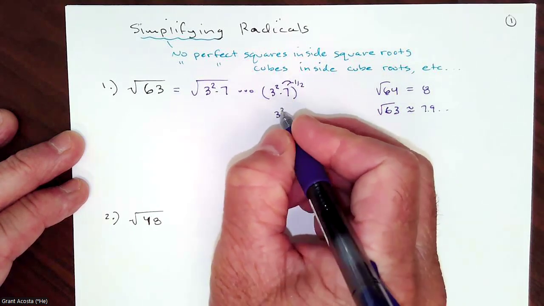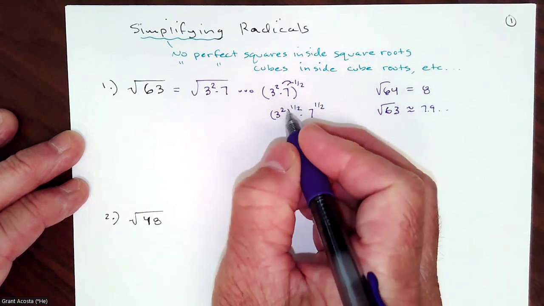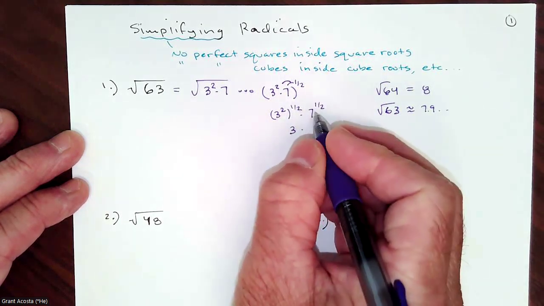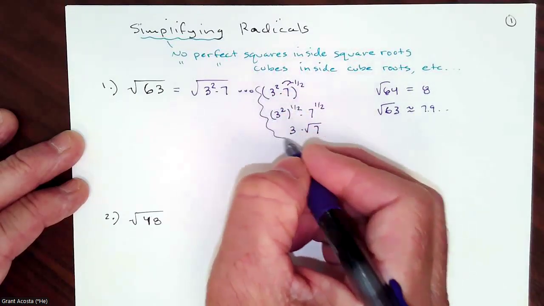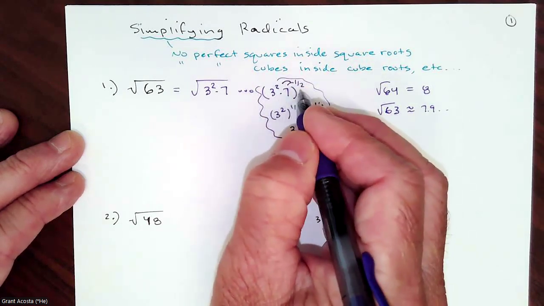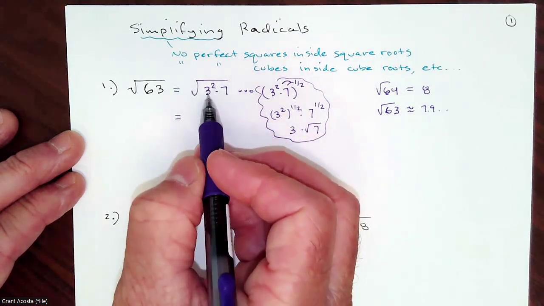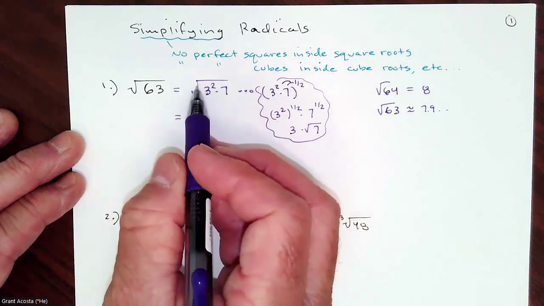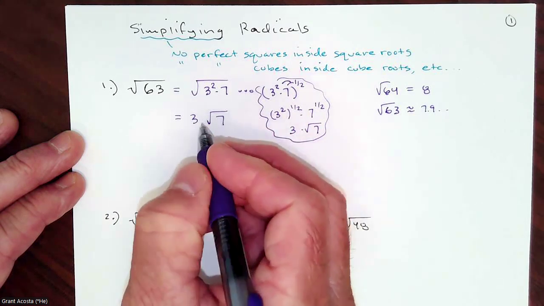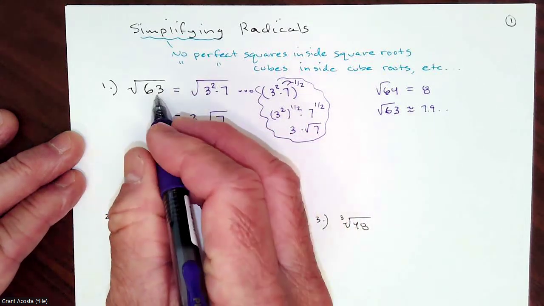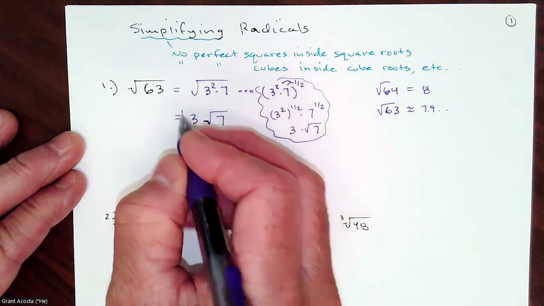So I could make this 3 squared to the 1/2 times 7 to the 1/2, and 3 squared to the 1/2 would just be 3, and 7 to the 1/2 is the same as root 7. That's essentially what we're doing, except you don't usually need to change it into fractional exponents. What that tells us is that if I've got the square root of 3 squared times 7, I can pull out the square root of 3 squared as 3 and leave the 7 inside. So the simplified form of root 63 is 3 root 7. Remember, that's 3 times the square root of 7.